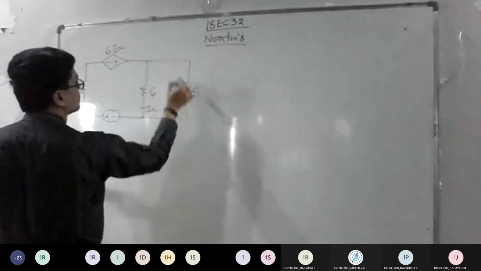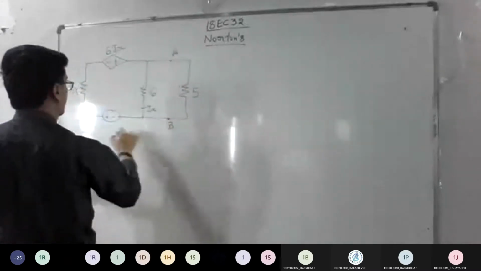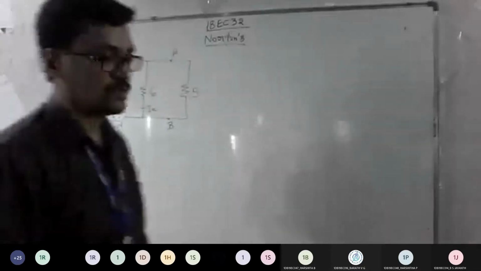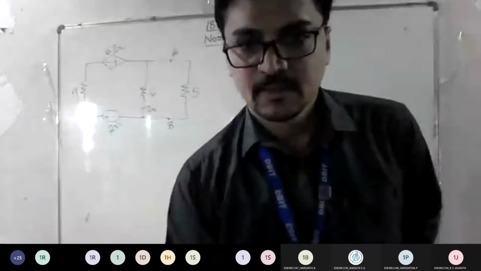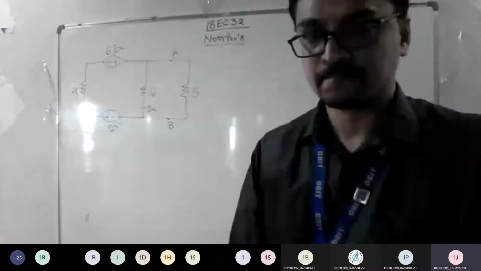So your 5 ohm is here and this is terminal A and B. The value of supply is 20 volt. Is the question visible? Everyone? Is it visible here? Yes, sir.